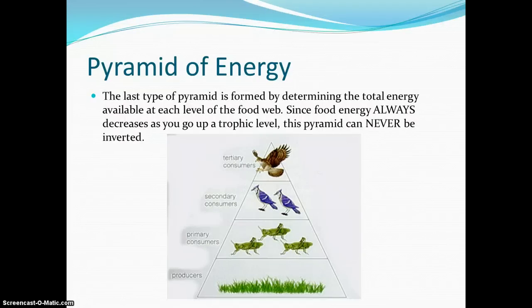It has to, because there's some loss, right? We eat, it provides us energy, we use some of that energy, right? And that's the same with any organism. So a grasshopper is going to eat some of that grass as the primary consumer. It's going to use that energy as fuel to survive. So some of it is lost when the blue jay finally comes along and consumes it as a secondary consumer.